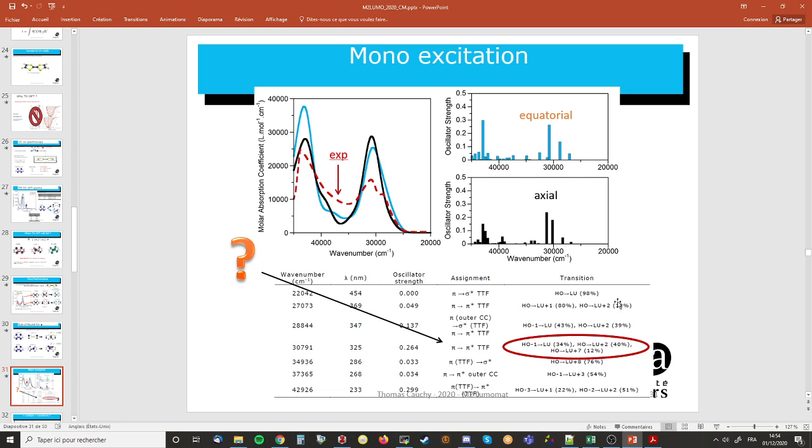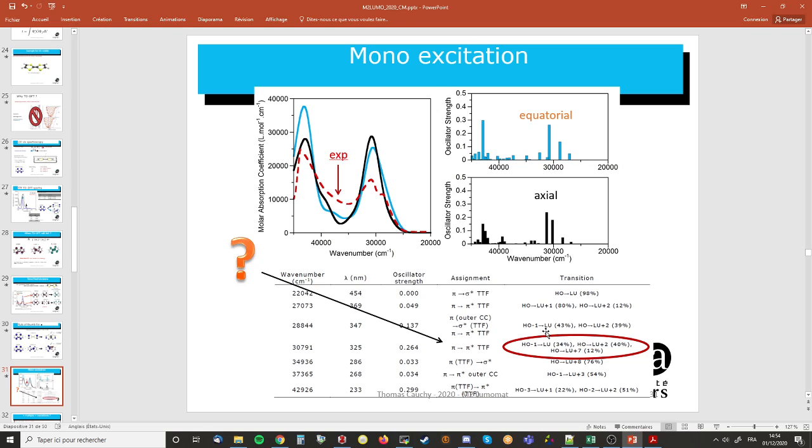Here, what you see is that the second excited state cannot be described with an electron in LUMO plus 1. When it gets there, there is an electronic reorganization, and to have the correct final state, it needs to mix LUMO plus 1 and LUMO plus 2. That means that to understand the final wave function, you need to do a linear combination of the LUMO plus 1 and LUMO plus 2.